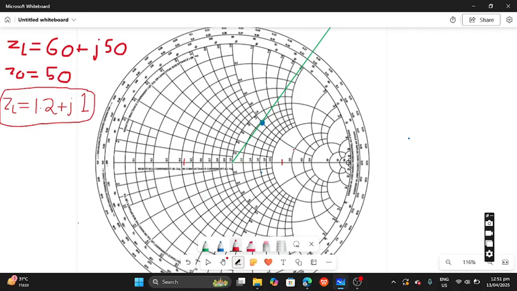So now I will make the circle, from here till here and here.